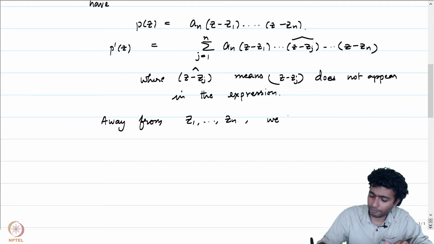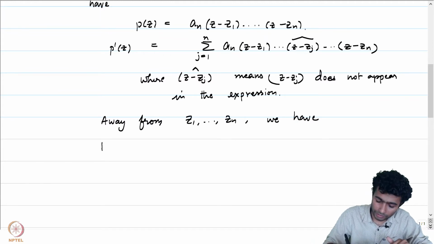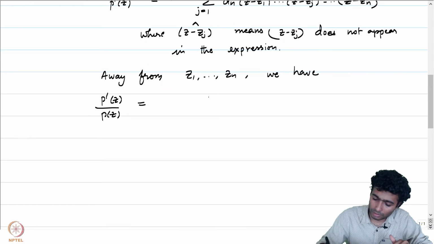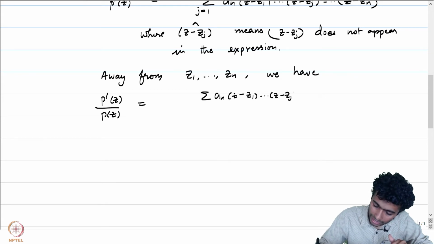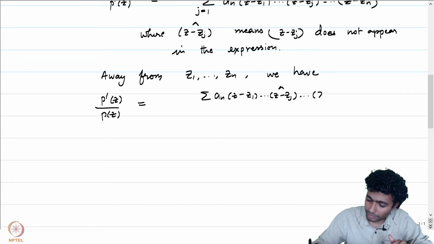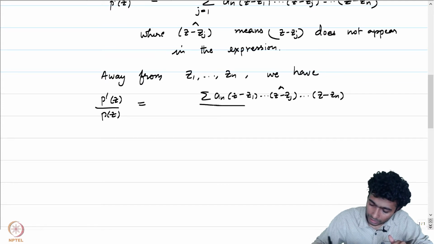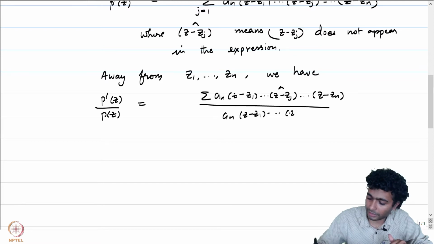Right, so away from z1 to zn, we have the function p prime of z by p of z is equal to the summation of (z minus z1) up to (z minus zj hat) up to (z minus zn) times a_n, divided by a_n times (z minus z1) all the way up to (z minus zn).